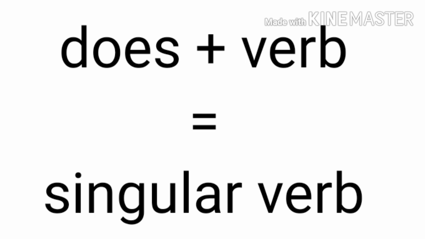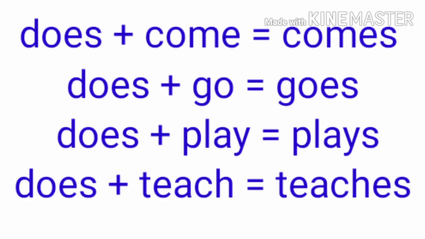Does plus verb is a singular verb. For example, does plus come is comes. Does plus go is goes. Does plus play is plays. Otherwise, plays means does plus play.